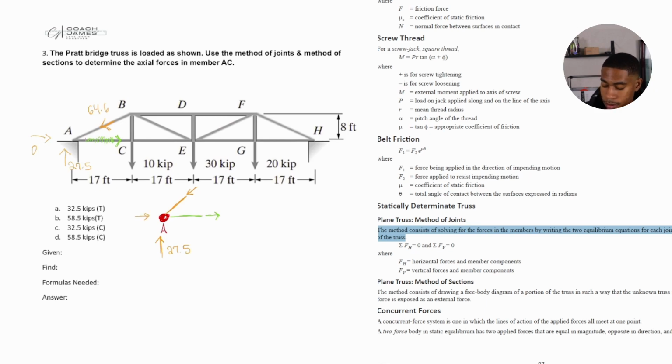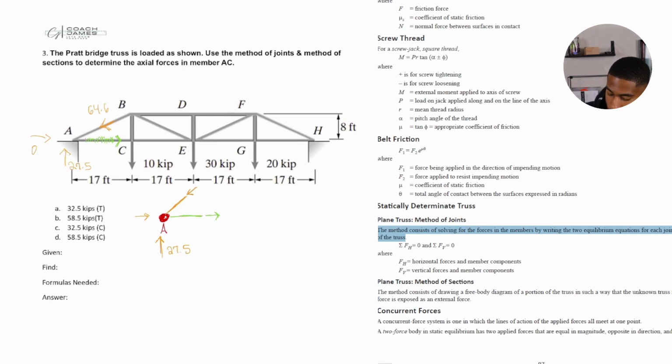All right, so we kind of have to use some of the forces in the X, because some of the forces in the Y are not going to help us at all, because we're trying to find AC. Switching pins here.